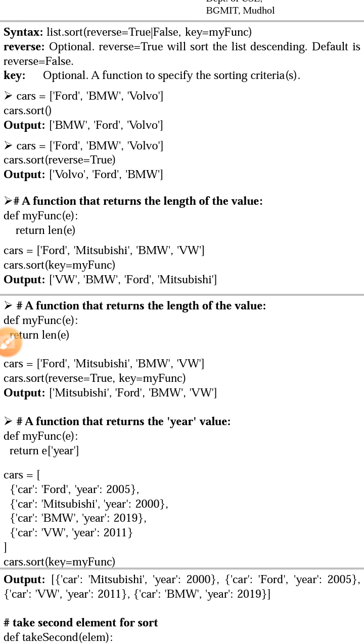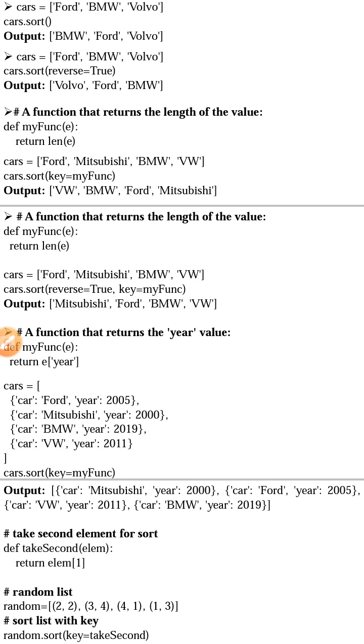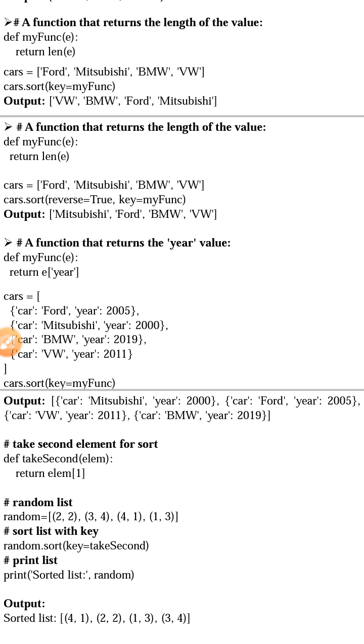Now as I have stated, even our sort function can take our own defined function. Based on that it will sort. If you see the example below, here my function is taking one parameter e, and whatever parameter we are passing to my function, it will calculate the length of that particular parameter and return it to the main program.